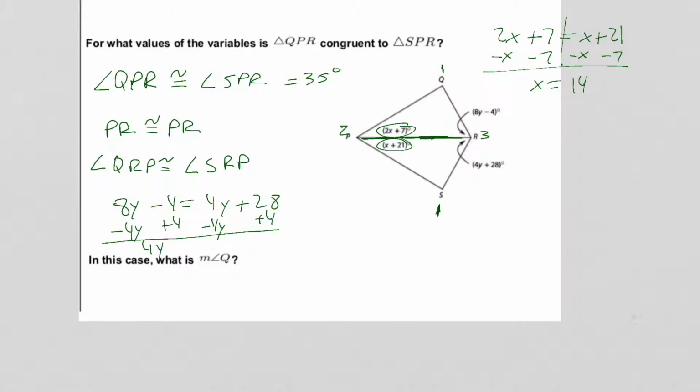You're going to get 4y is equal to 28 plus 4, which is 32. And 4 times what is 32? That what is 8. So y is equal to 8. So then this angle measure is 8 times 8 minus 4, which is 60 degrees. Or 4 times 8, which is 32, plus 28, also 60 degrees. So this is how to solve this type of situation with angle side angle, and solving for the variable.